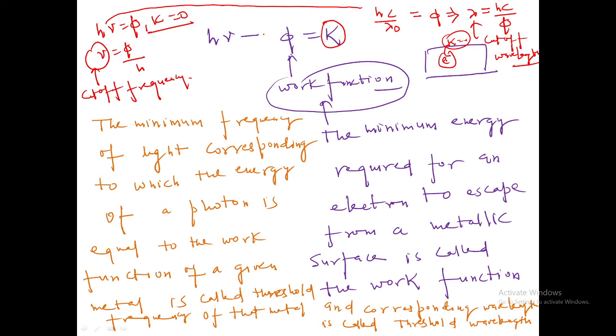So clearly when a light beam of frequency less than nu naught, so if incident frequency is less than phi upon h, what will happen? No emission, no matter how high a number of photons you strike over the metal surface. So if nu incident is less than phi upon h, no emission will take place, and if nu is equal to phi upon h, that means just emission.